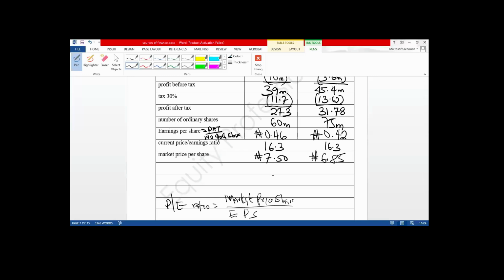If the company issues a rights issue and uses the money to repay this debt, your earnings per share will go to 0.42, and value per share will be 6.85 naira. What will be your reaction, the shareholder?